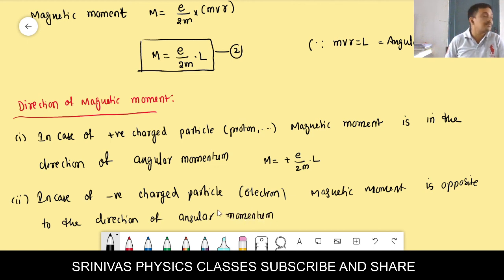This point is also very important. Previously one time they asked for 1 mark only direction. You see, if the charge is negative, then we write minus e by 2m into L. That means m is opposite to L in case of negative charge. In case of positive charge, m is in the direction of L. This is the board direction.